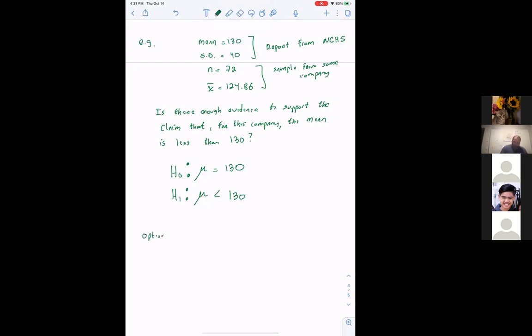So option 1, the calculator. I would like you to guess where we're going to go on the calculator. Where do you think we go? Stat.